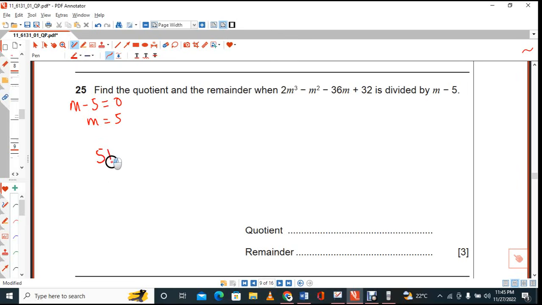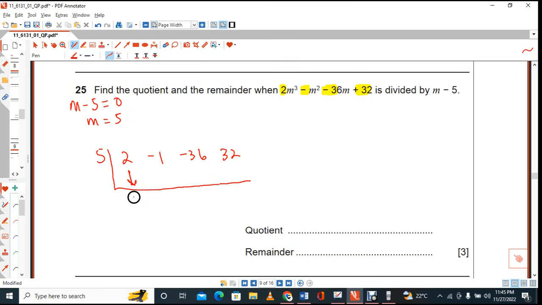And then you put that 5 over there, and we're going to write all the coefficients down. So once you use this method, it's imperative that you know what the coefficients are and the whole correct method as it is. So I'm going to write those coefficients down. So it's 2, it's negative 1, it's negative 36, and it's positive 32.